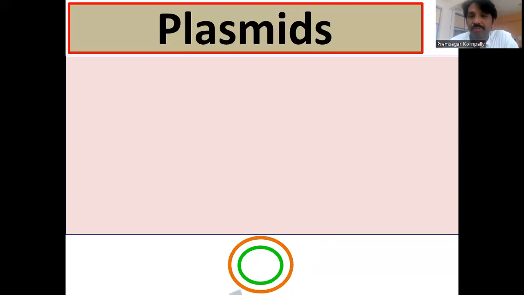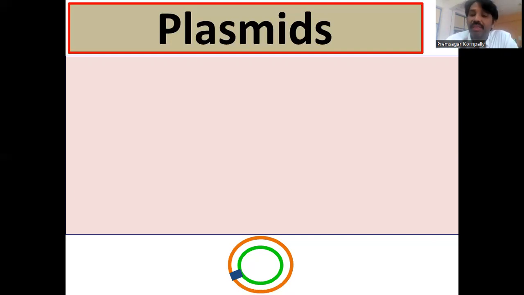So plasmids have three important features. The first one is that they are extra chromosomal DNA molecules.